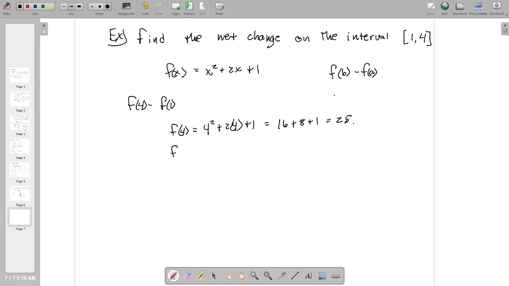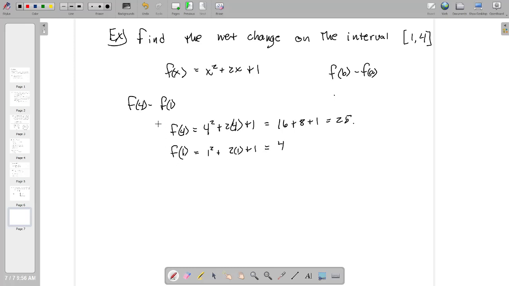We also need to know what f of 1 is. So we do the same thing. If 1 is replacing our x, then we need to replace x's with 1. So we do 1 squared plus 2 times 1 plus 1, and we get 4. 1 plus 2 plus 1.